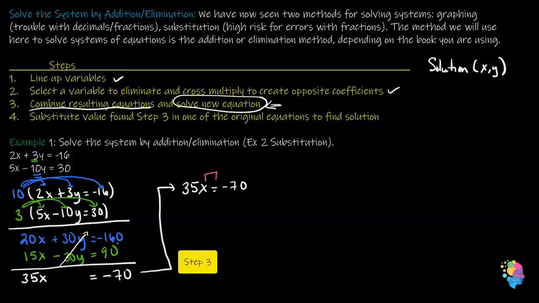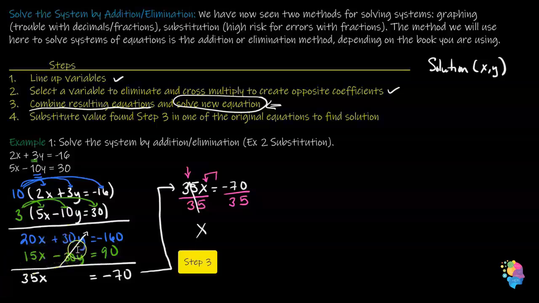In this case it is on the left side, and we notice that that x is being multiplied by 35. So we do inverse operations. The opposite of multiplication is division. So I'm going to divide both sides by 35. Then from left to right, 35 divided by 35 will be 1x or just x. Now be very careful.